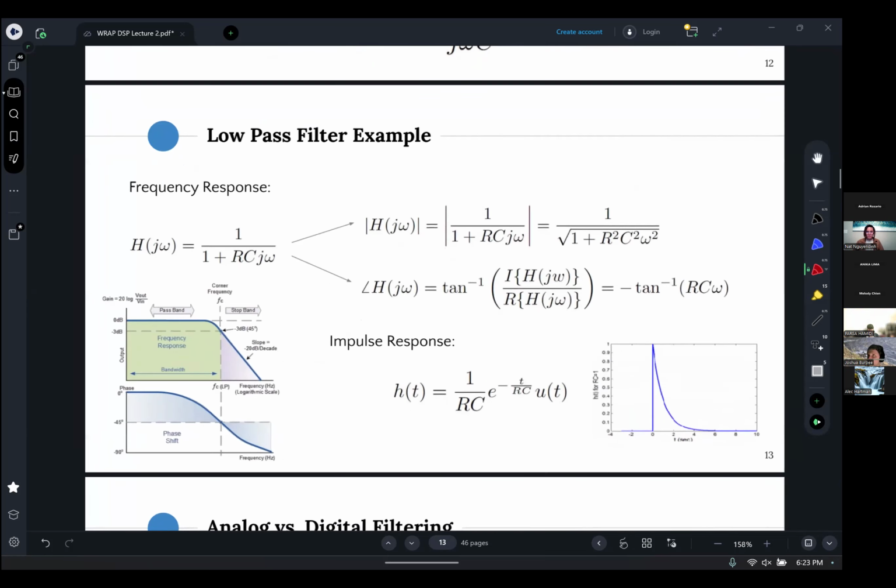And then I can actually calculate the magnitude and the phase of this frequency response.